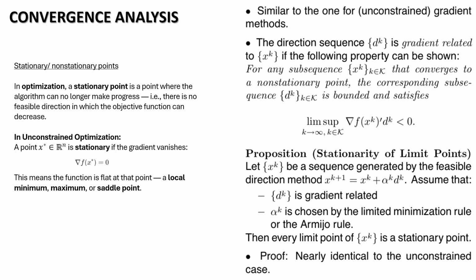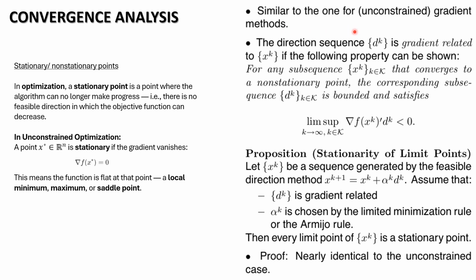Let's focus on the convergence theory for the feasible direction methods in constrained optimization. It's established under what conditions the method leads to a stationary point, I mean a point where optimization stops because no descent direction exists.